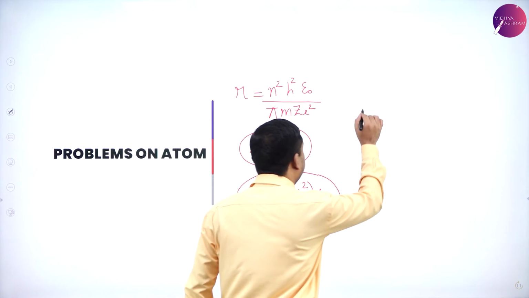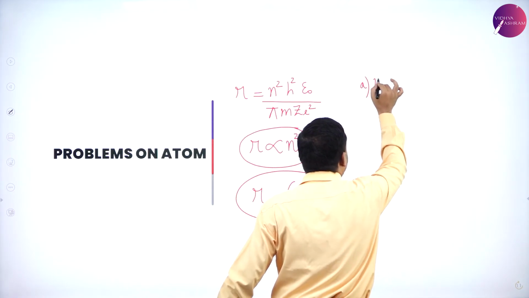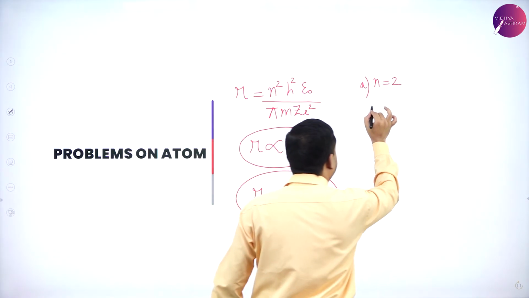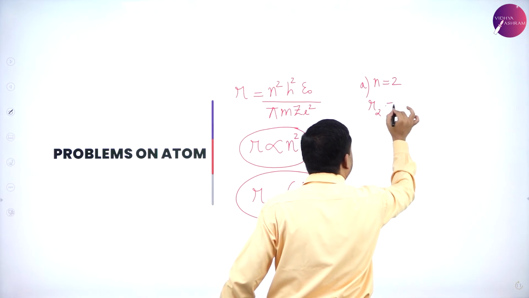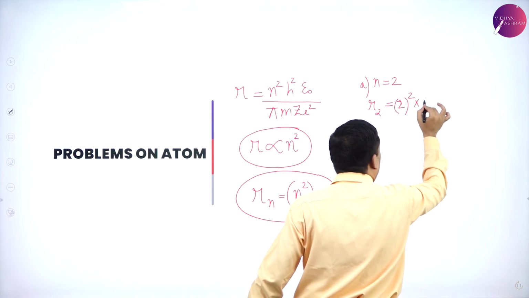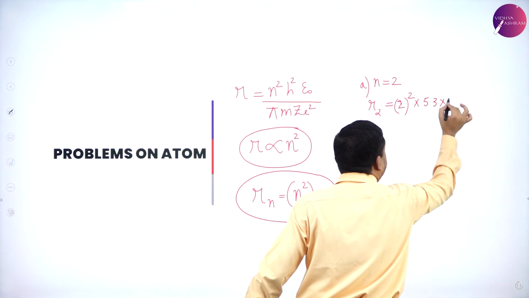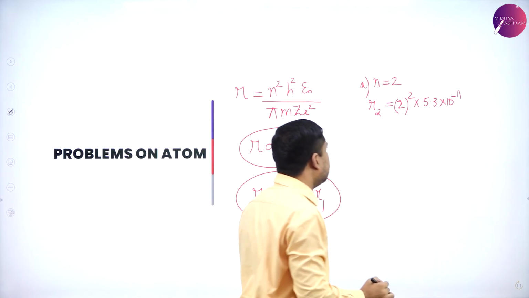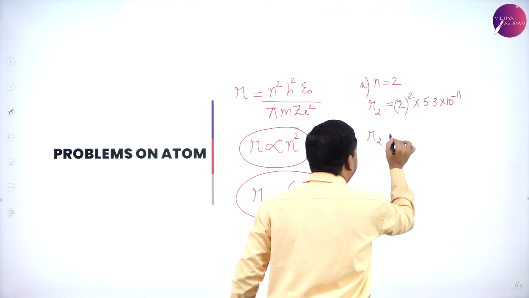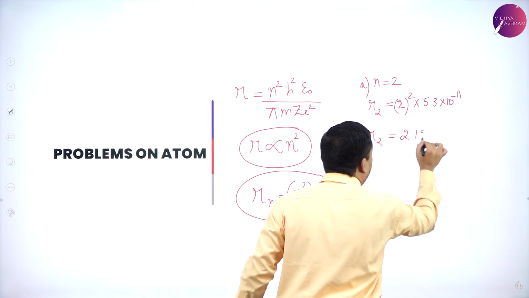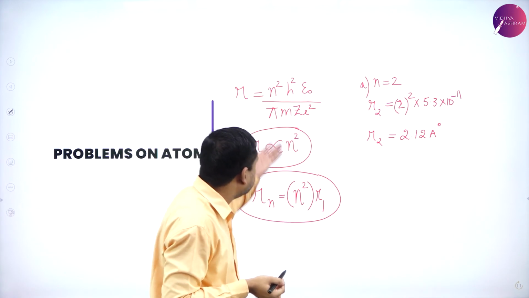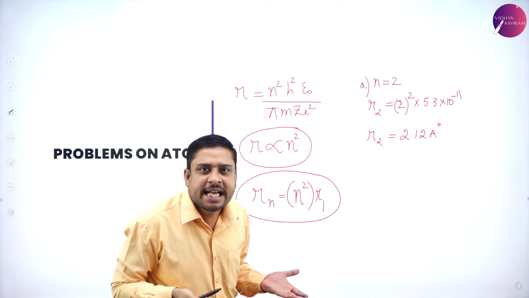For example, for the radius of the second orbit, R2 is 2 square into 5.3 into 10 power minus 11, n square R1. So R2 is 2.12 angstrom. Do I need substitutions and tedious calculations?